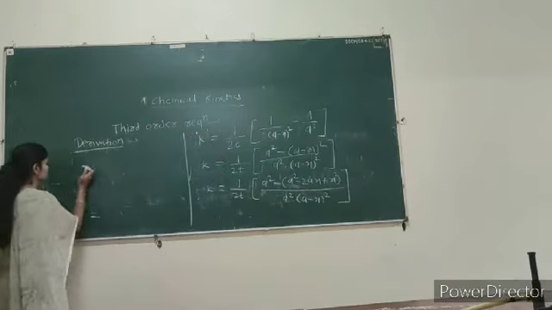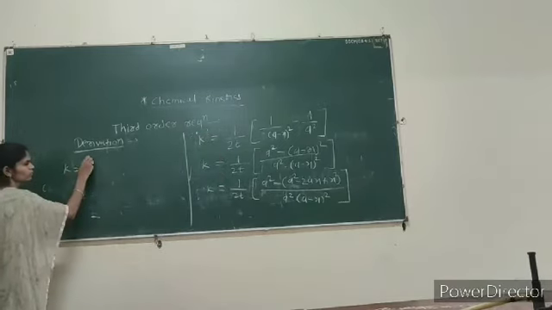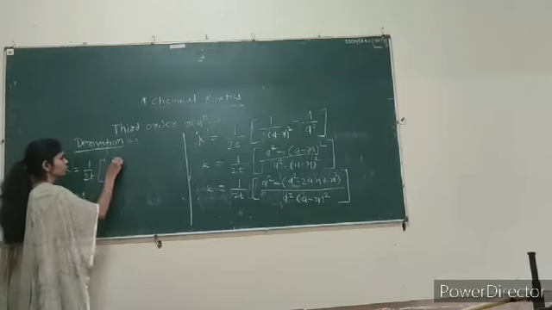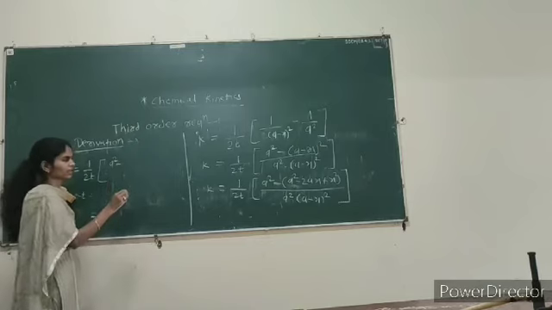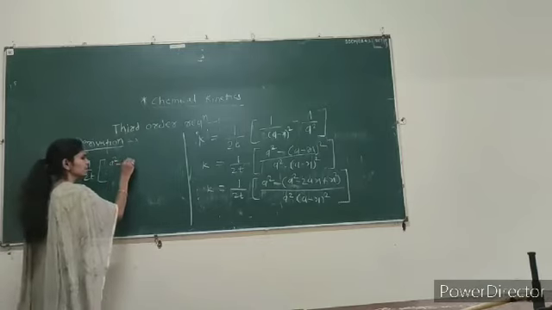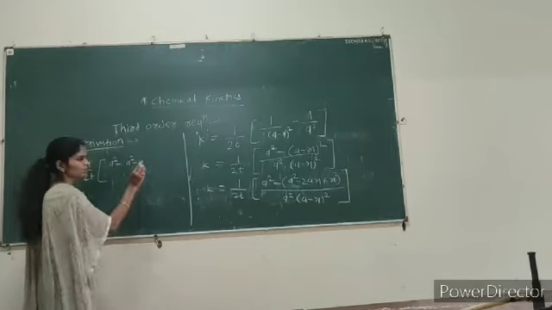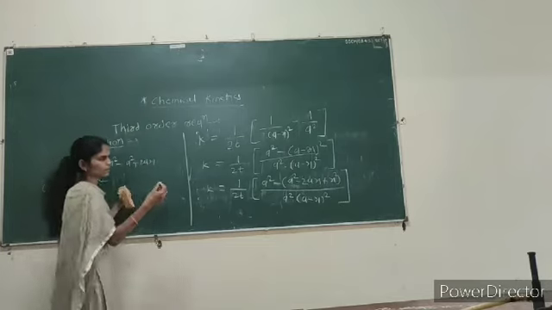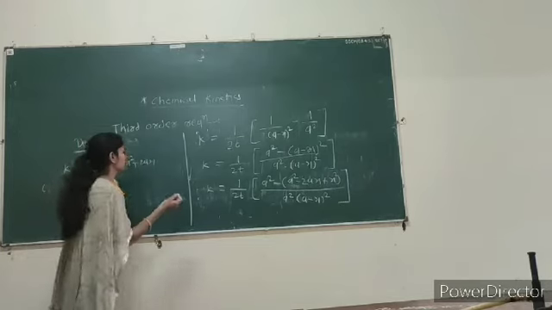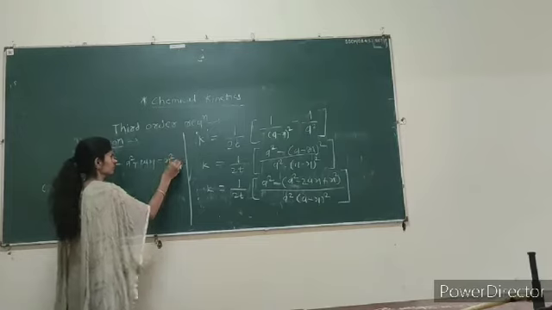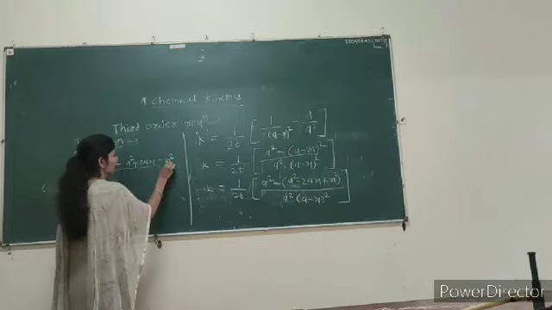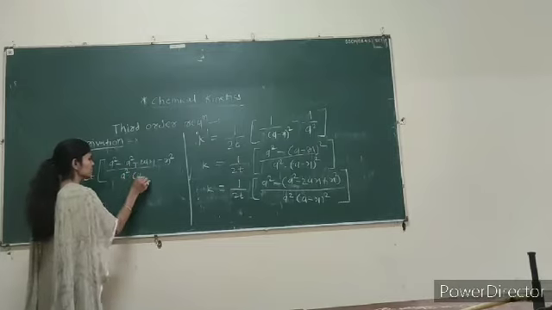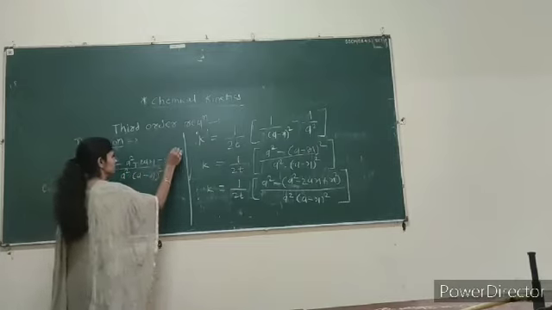Therefore k is equal to 1 upon 2t, in bracket a squared minus a squared plus 2ax minus x squared, whole divided by a squared into (a minus x) squared.